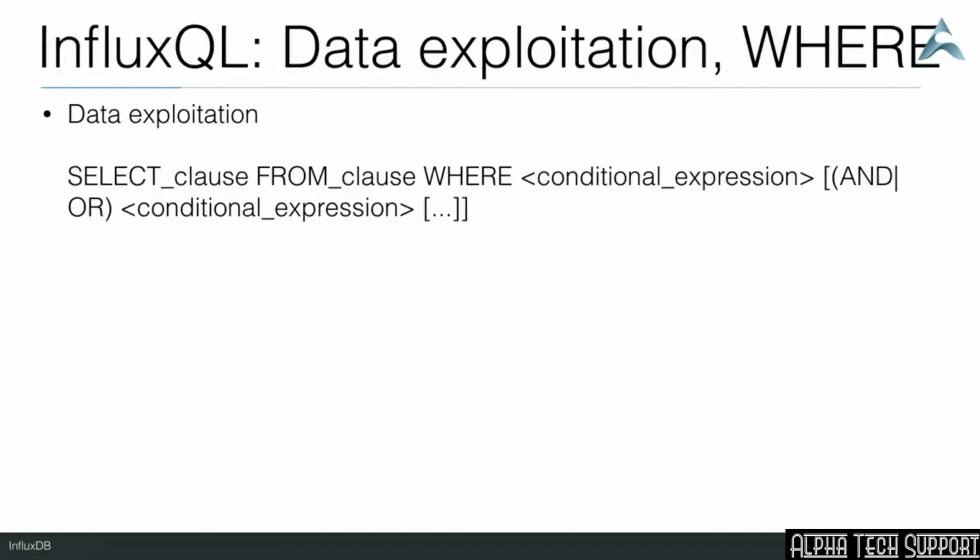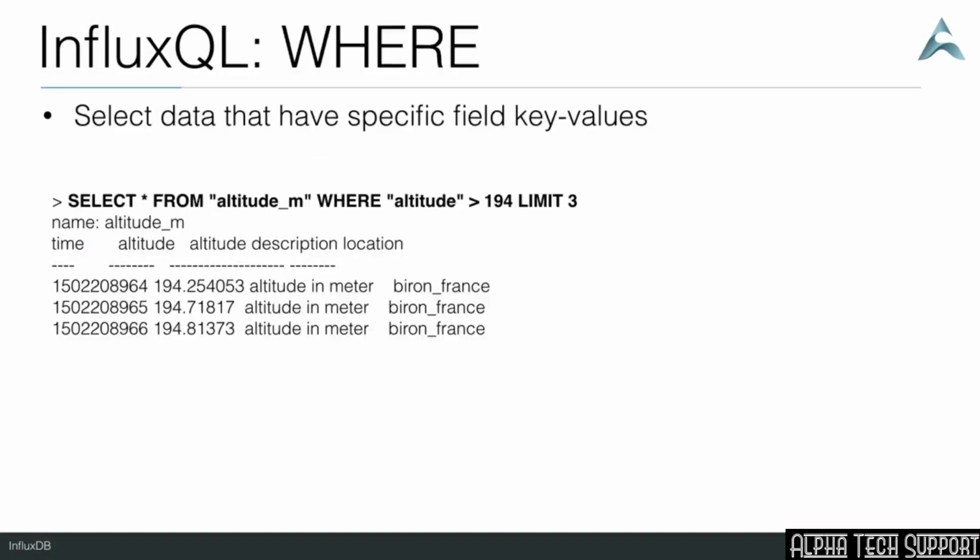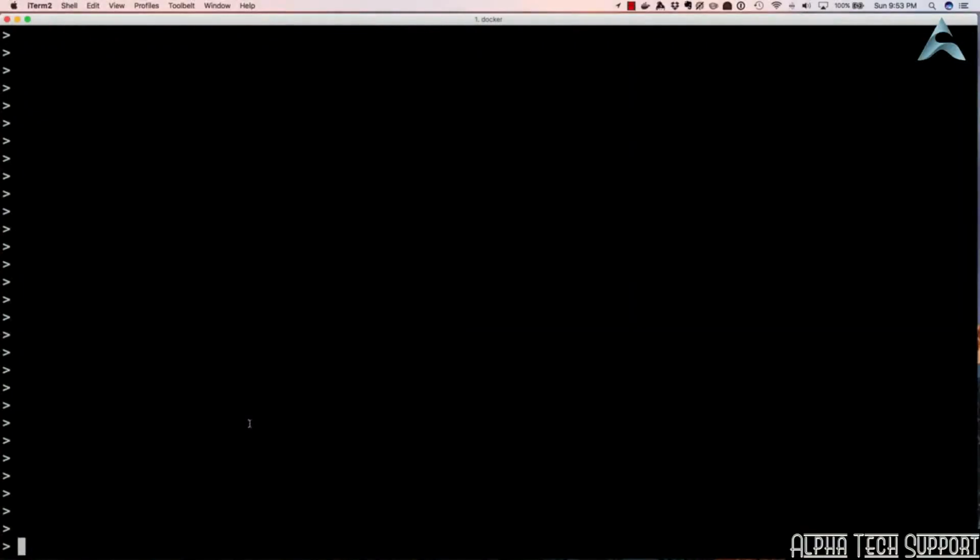Data exploration. Where. Here you see an example of how to use a where clause. Select all data that have specific field key values. So we're going to select everything bigger than 194 and limited by 3. As you see, you will get all the records with a value of altitude higher than 194. Alright, let's try to get all the results with the altitude higher than 194 meters.